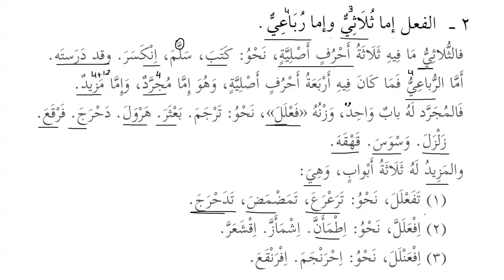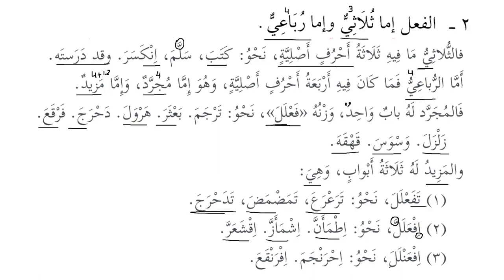Here it has only 1 extra letter, and here it has 2 extra letters, tashdid and hamza. If'alalla, for example, itma'anna, to be satisfied, ishma'azza, to be disgusted, and iqsha'arra, to shiver.